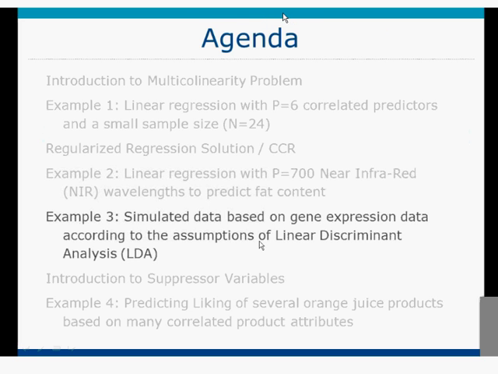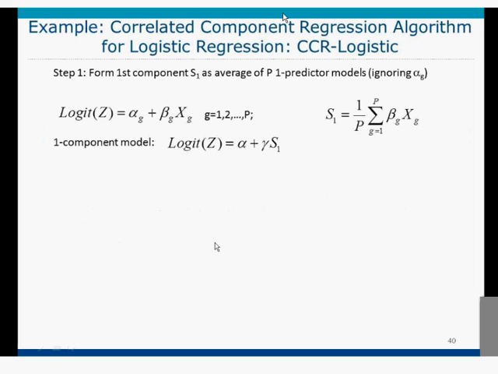So here we simulated data, based on gene expression data that I've worked with, according to the assumptions of linear discriminant analysis. And here's how the CCR algorithm works in the case of logistic regression or linear discriminant analysis. The only difference is that you can express it as a logistic regression equation, but the x's are random.